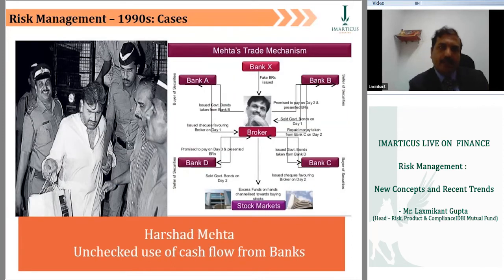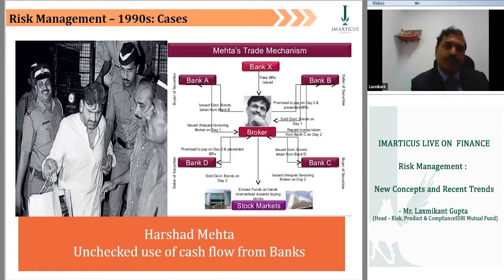In India, the Harshad Mehta case, 1992. Here, in fact, he borrowed funds from the banks, pretending it to be used for investing in bonds and various backward industries and areas. The banks were not equipped and were not monitoring the final use of those cash flows, so their usage went unchecked, where he was actually using those cash flows to have a bull run on the equities, on the stock market.